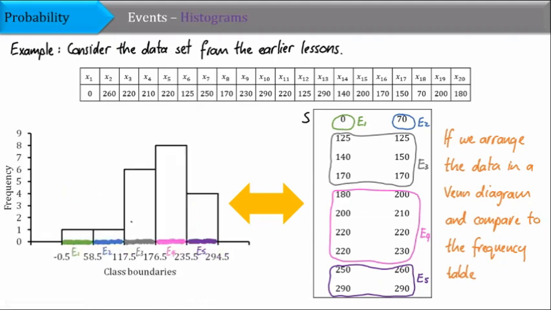If we go to our histogram, then we have exactly the same situation. Remember, the histogram is just the graphical version of the frequency distribution. So the rows in my frequency distribution, those classes, will be the classes on my x-axis over here. So each of these will be an event as well, which is represented by these events on the Venn diagram.